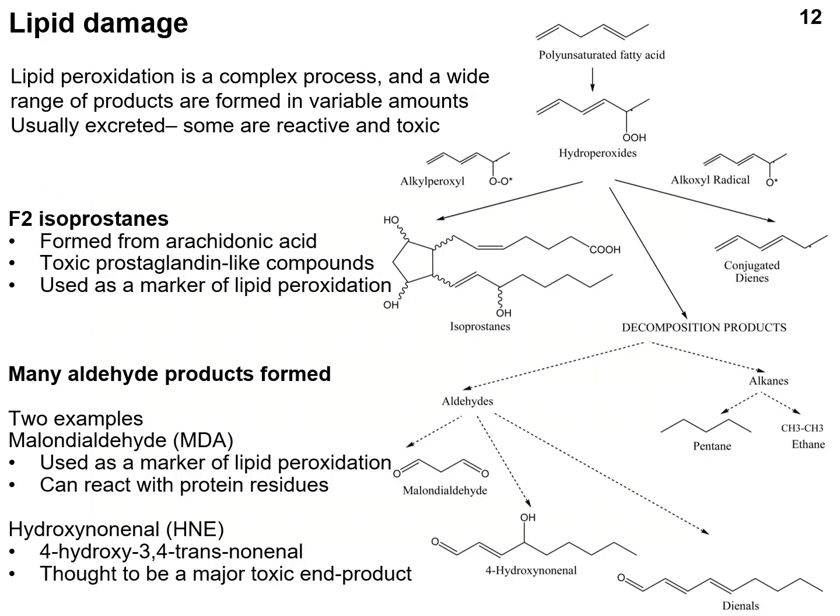Okay, so let's just turn our attention to what happens to the lipids once they're oxidized. So once the phospholipids have become oxidized, they are then degraded. And that means the phospholipid is basically destroyed and the fatty acid residues are released. And those fatty acid residues can then undergo a variety of degradative pathways.